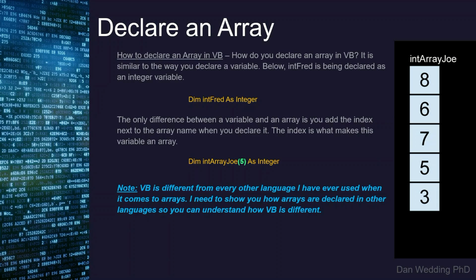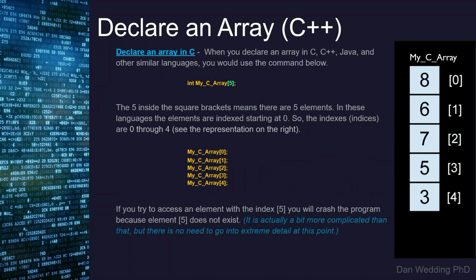VB is different from every other language I have ever used when it comes to arrays. I need to show you how arrays are declared in other languages so you can understand how VB is different. When you declare an array in C, C++, Java, and other similar languages, you would use the command below.